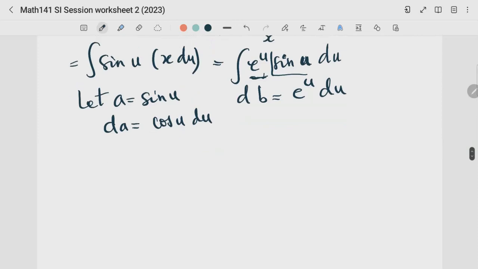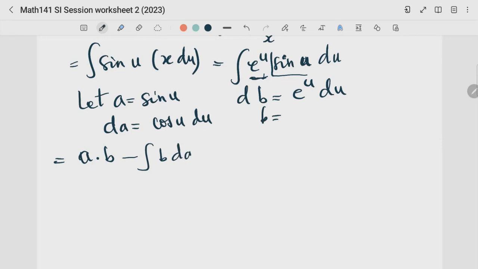So now, using that logic of integration by parts, we have a times b minus the integral of b da, right? So if our db is e to the u, our b is just e to the u. Remember, the integral of e to the u is just e to the u.